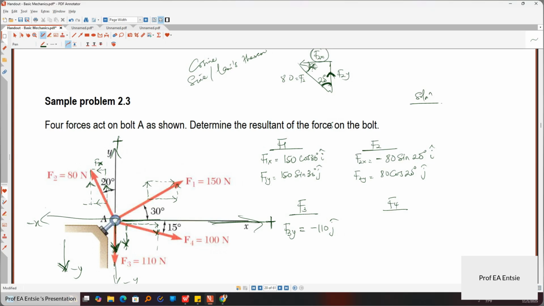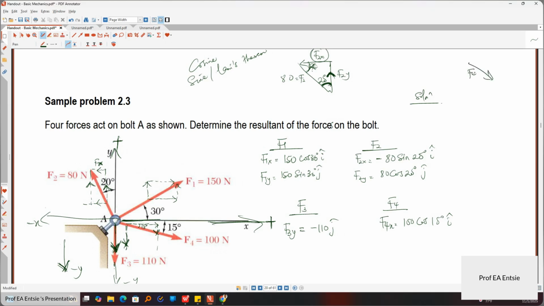The angle here is 15. So here is my opposite, here is my adjacent. So F4x, where the force F4 is 100, will be 100 cos 15 degrees, i. It is positive because it's moving to the right.